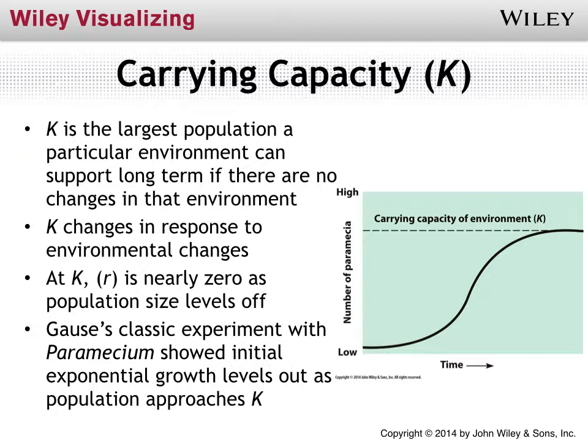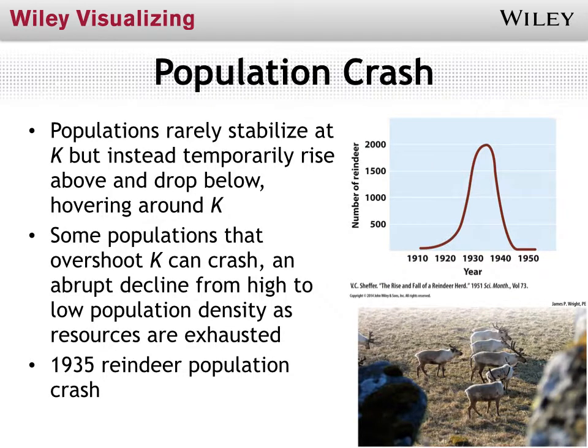But in the real world, we're going to have situations like we saw with the reindeer. Populations are more about trying to reach their biotic potential. So more realistically they shoot over the carrying capacity, they crash, they recover as the habitat recovers, and then they reach some sort of stable point in the future.